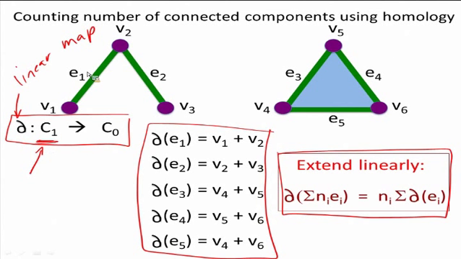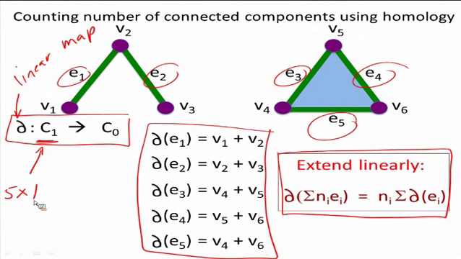C1 was generated by our 5 edges right here. So if I use column vectors, a 5 by 1 matrix, a column vector can represent my 5-dimensional space, which is generated by these 5 elements. My C0 has 6 generators, these 6 vertices right here. So I can use a 6 by 1 column vector to represent an element in C0.